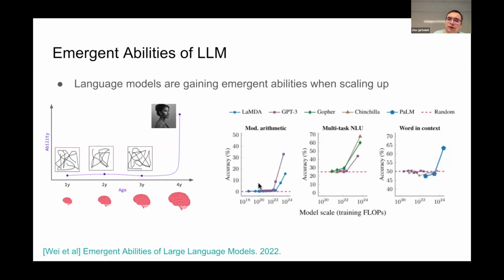People call this emergent ability because we see this in human learning. That figure is kind of a psychology thing. When we grow as a kid from 1 year, 2 years, 3 years old, you don't see much improvement in ability. But when you go to 4 or 5, the kid suddenly becomes very mature and can do many different things.